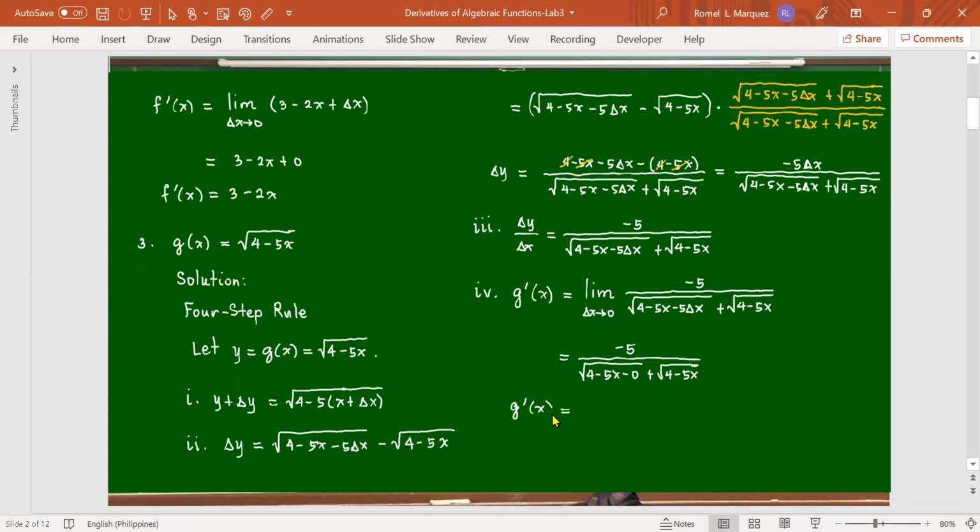What is now the final answer, guys? What is g prime of x? That is negative 5 over the denominator. So we have in these terms two identical radicals, no? So 2 times square root of 4 minus 5x. That's it. So that's the derivative. Okay? Of course, you can use the limit directly if you want.